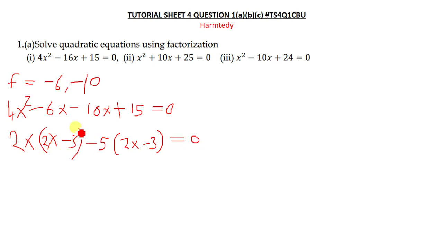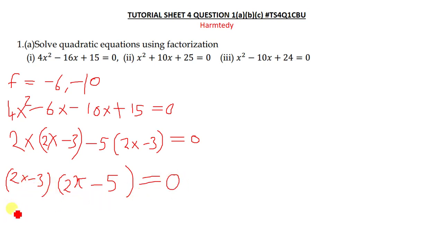If you find that what is in the brackets is not the same, just know that you've made a mistake somewhere. In this case, there's 2x minus 3 in both, meaning we are correct. So we write the factors: 2x minus 3, and then x minus 5.